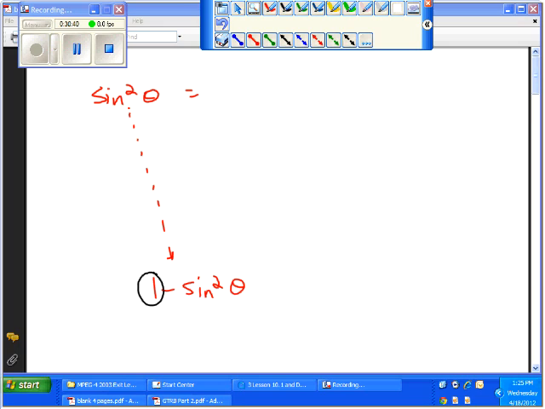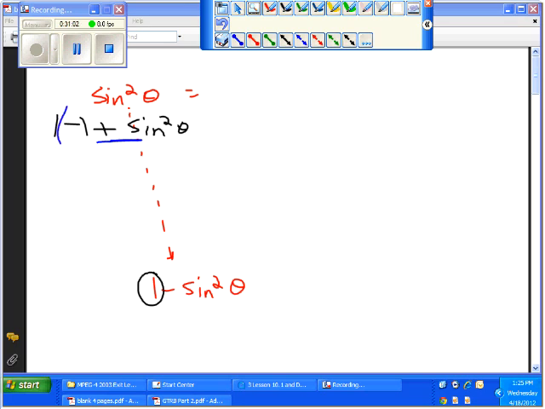Well, how can I get a 1? I just stick a 1 there. But if I'm going to make it equal, I've got to put a minus 1 also. So I've really done nothing, because 1 minus 1 is nothing. I just changed the looks of it, but it's still equivalent. And then I say, well, I'd really like for there to be a negative right there. That's fine.